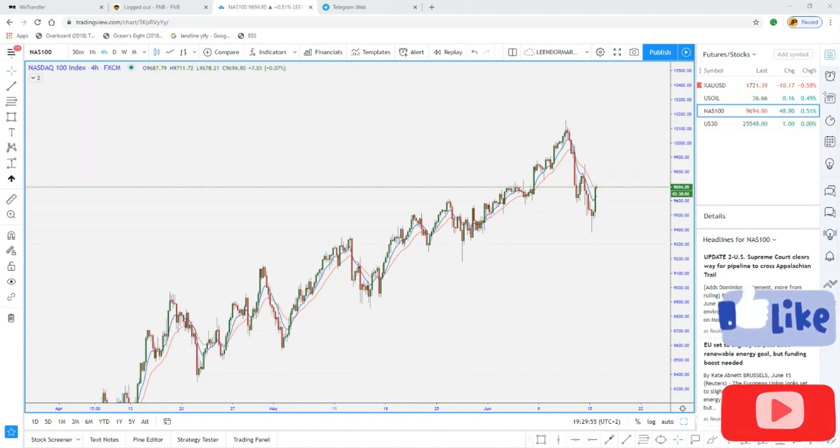So let's look at NAS 100. I know a lot of people love trading NAS. NAS is a bit difficult to trade, but we'll try our best and help you understand it.